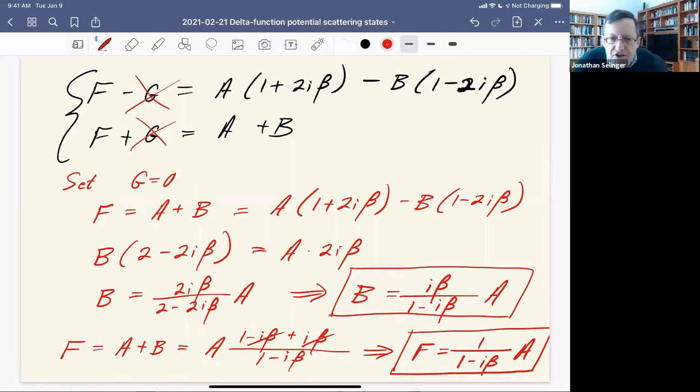Okay, so this tells us that the reflected wave, B, is proportional to the input. And the transmitted wave, F, is also proportional to the input. Right? And that makes sense. That's just like the waves that you studied in university physics, where, again, the transmitted and reflected waves are both proportional to the input waves.